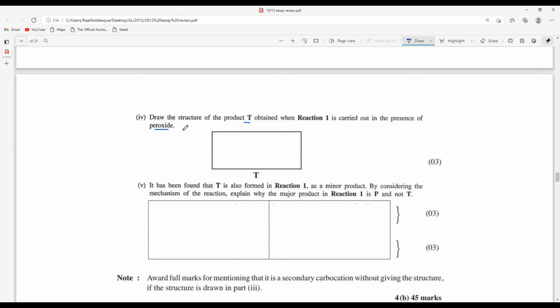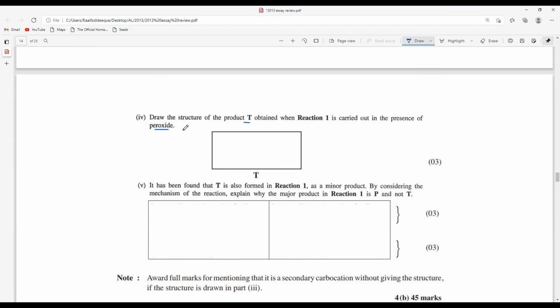So you can explain that according to the stability of the carbocation. Because in the first step, you see here CH3, CH2Br. This is the carbocation. So this is a secondary carbocation.